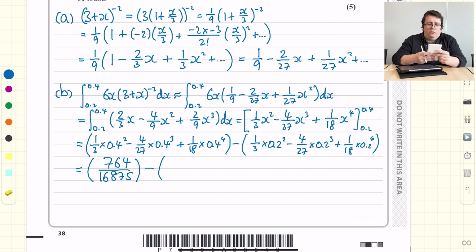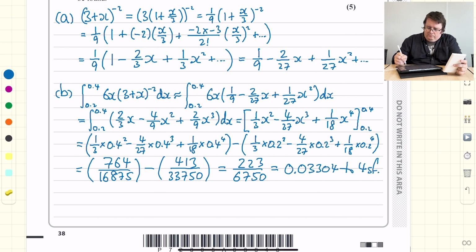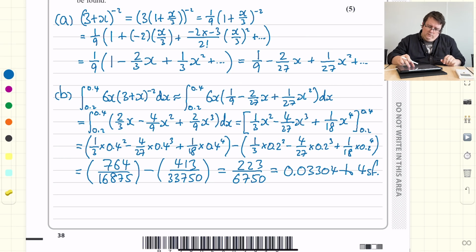And if I replace all those 0.4s with 0.2s, we get 413 over 33,750. If we do that one, take away that one, we get 223 over 6,750, which to 4 significant figures is 0.03304. Okay.